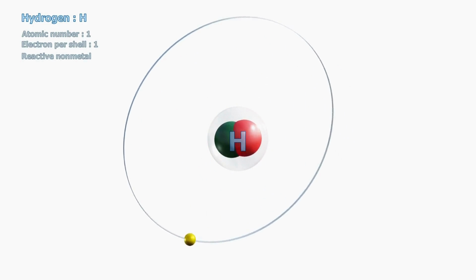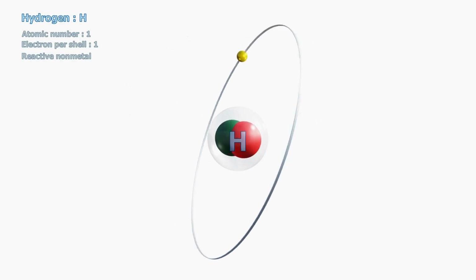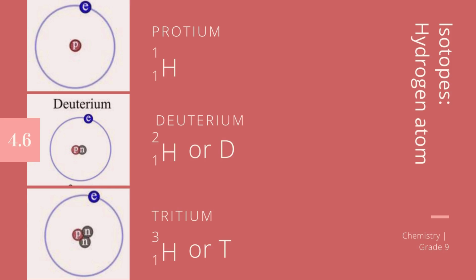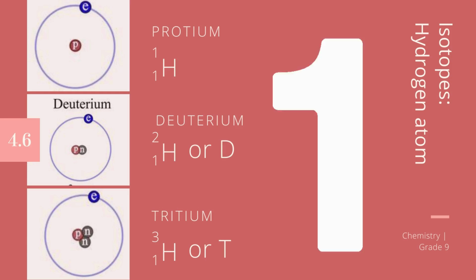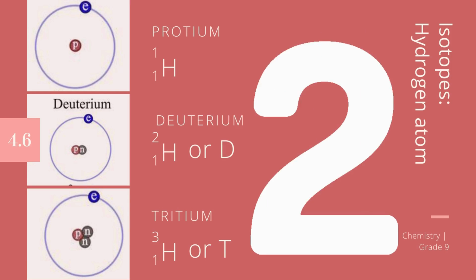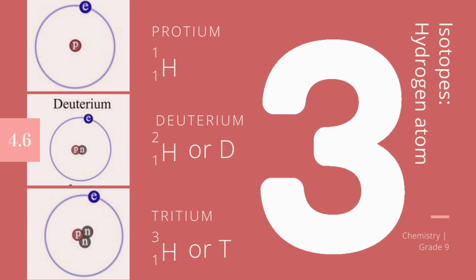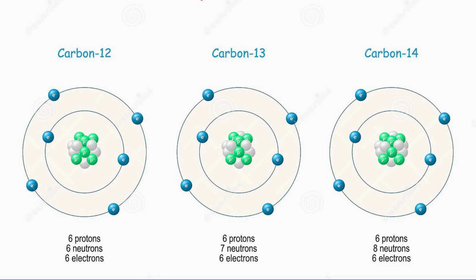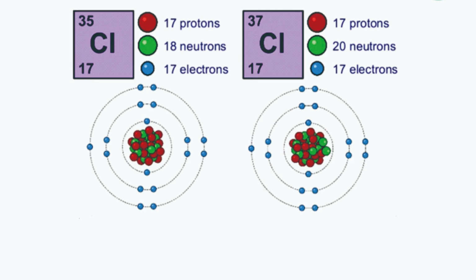It has 3 atomic species, namely protium, deuterium, and tritium. The atomic number of each is 1, but the mass number is 1, 2, and 3 respectively. Other such examples are carbon and chlorine.